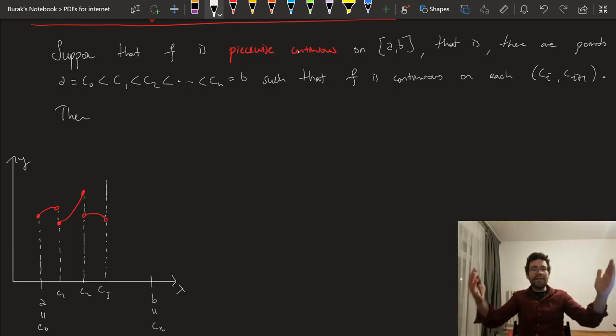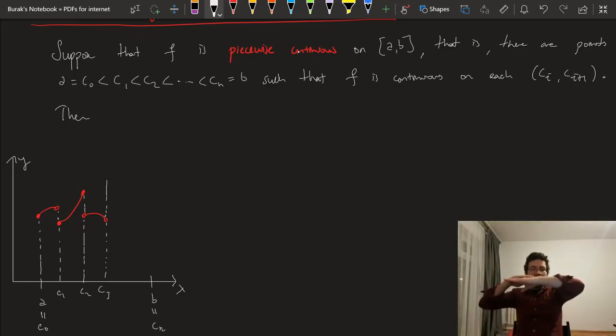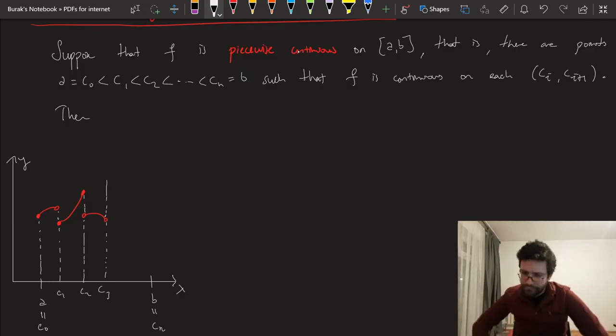So if your function is piecewise continuous on an interval a b, that means you can split a b into subintervals so that in the corresponding open intervals you have continuous functions. You don't care what happens at the endpoints. Well, I don't actually want that. This is wrong.